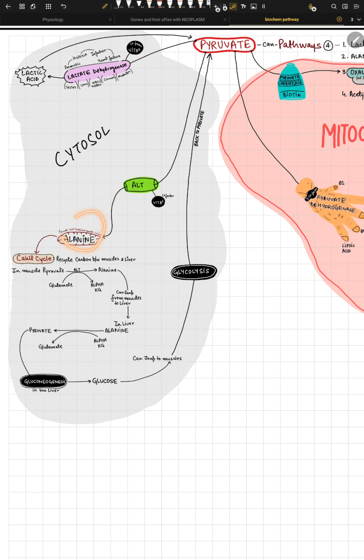Now, what is alanine? We convert pyruvate with the help of ALT to alanine. Alanine is just an amino acid, and it is a carbon-nitrogen shuttle. That's it, okay? What is glutamate here? What is alpha KG here, okay? Now, glutamate is the main amino group carrier in this whole metabolism.